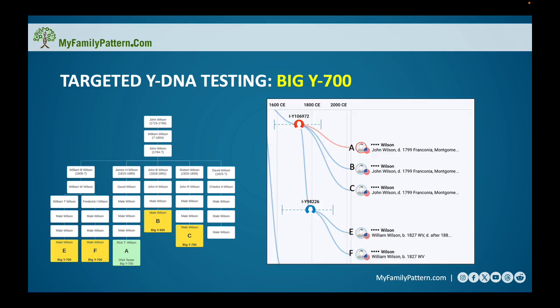And the analysis shows, as I previously discussed, that all of these males descend from a common ancestor that we now know, and I have confirmed through documentary records, was John Wilson.